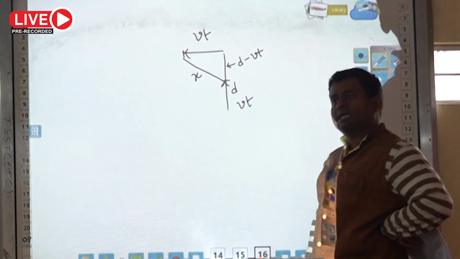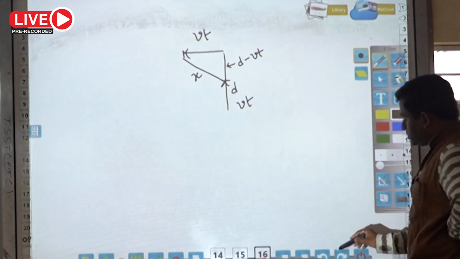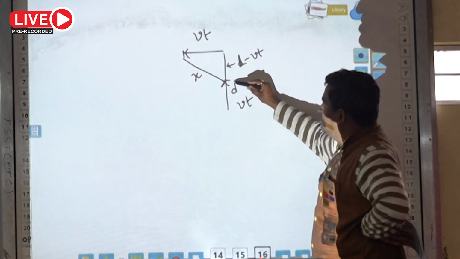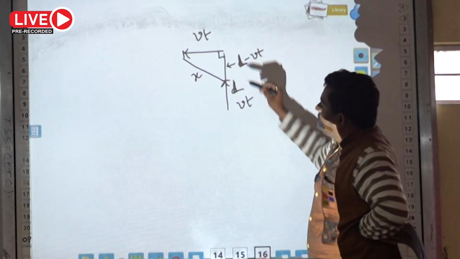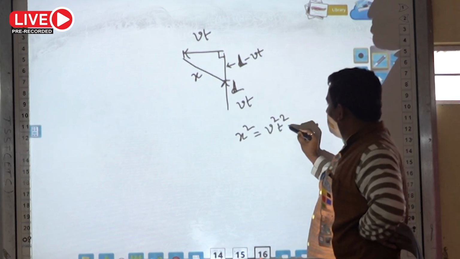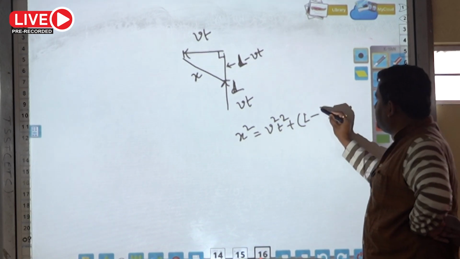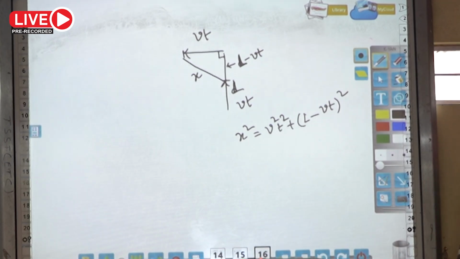Rather than writing d, because I will differentiate and there may be confusion with the differentiation d, I will make it L. So Pythagoras theorem will tell you that x square equals v square t square plus L minus vt whole square.